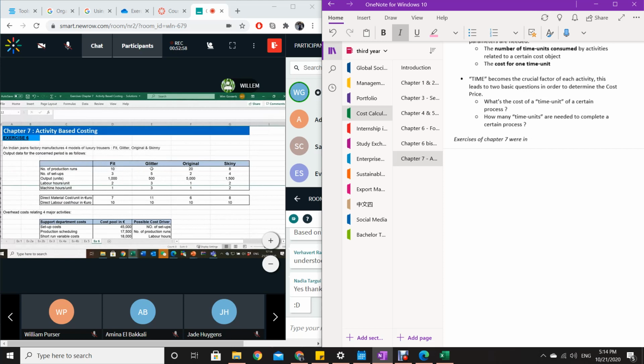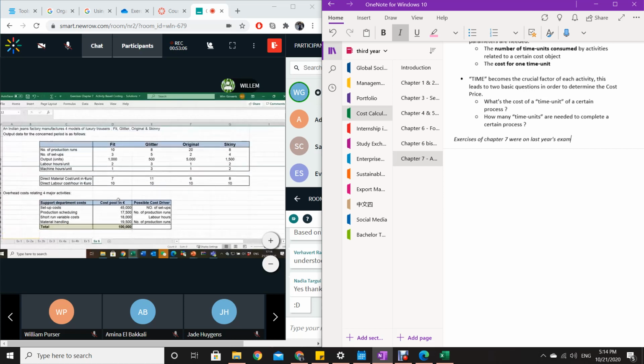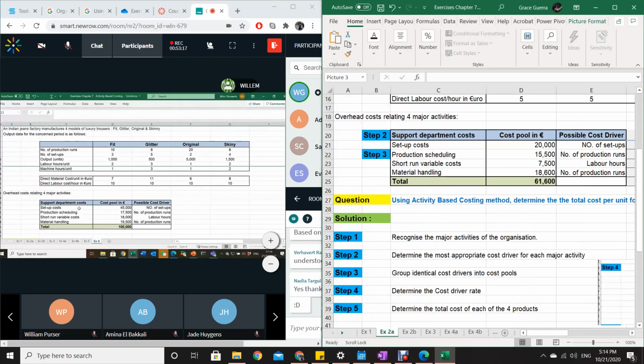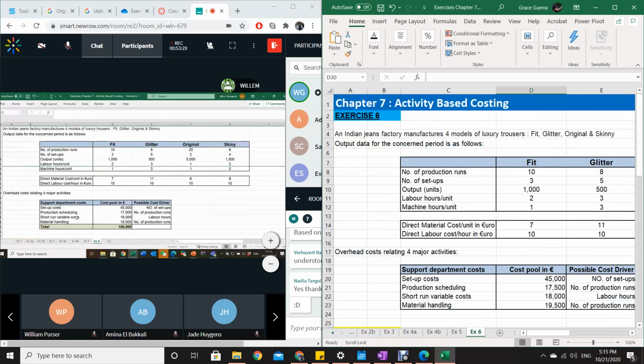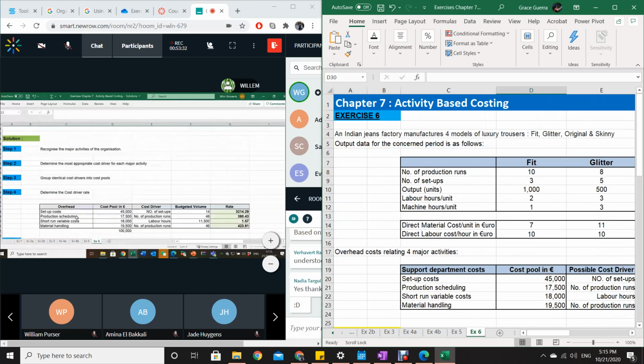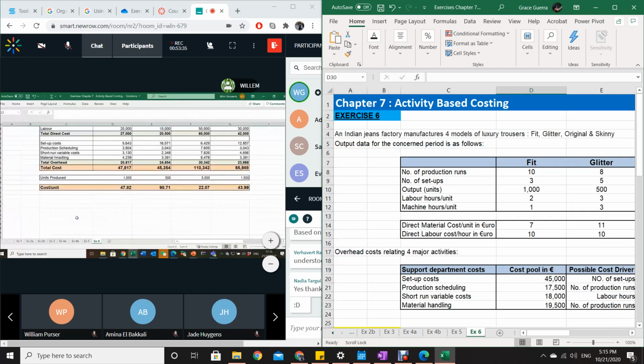You have a little bit the same information, and I ask you at the end, what is the cost of each trousers, combining the direct costs and the overhead costs, which in this case are 100,000. You see again the same activities are put together. This can of course also be a little bit different, but the way of calculating in steps 1, 2, 3 is also always the same. So it is always the same setup.